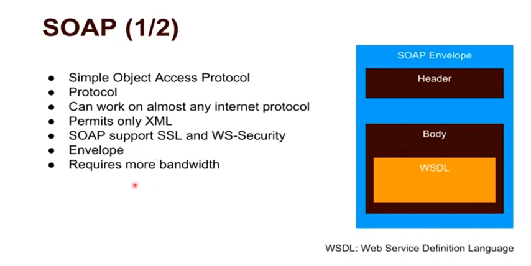It requires more bandwidth because we need to transfer many other things with the data, as we can see in the SOAP envelope. We have a header, we have a body, we have the Web Services Description Language to format the data that needs to be transferred. So somehow it requires more.